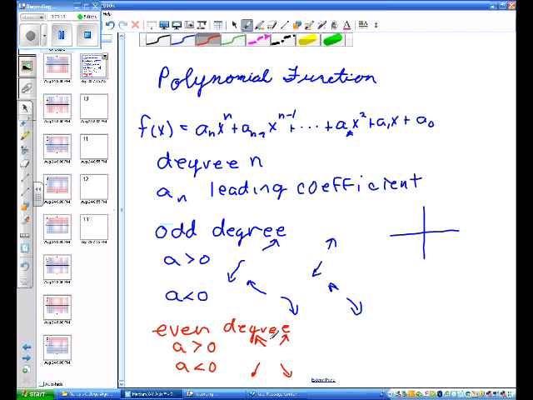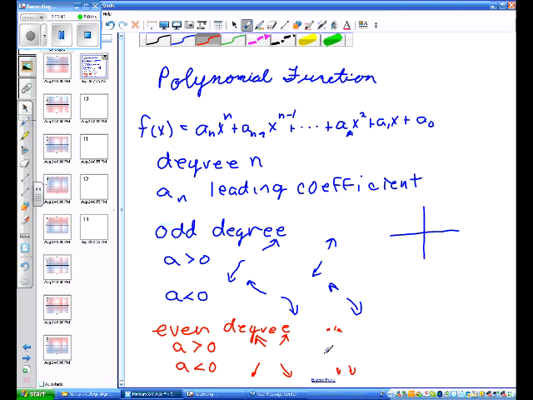Now again, we've already studied quadratics, and we know in a quadratic, if a was positive, it opened up. If a were negative, it opened down. And all we're doing with our polynomials is we're leaving out what's happening in the middle.